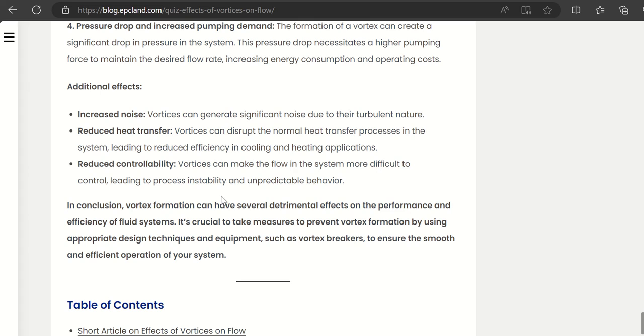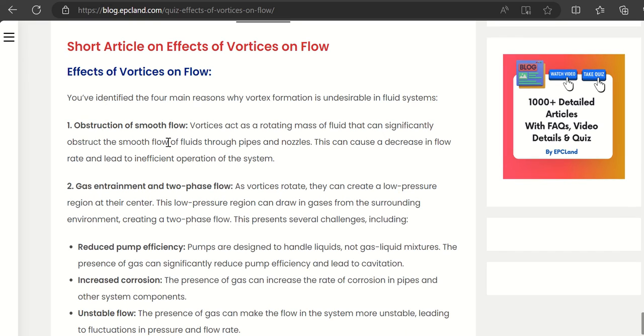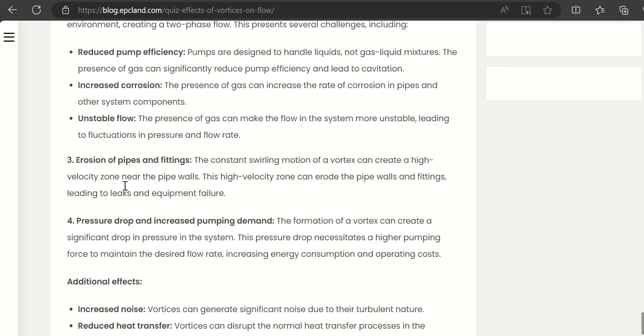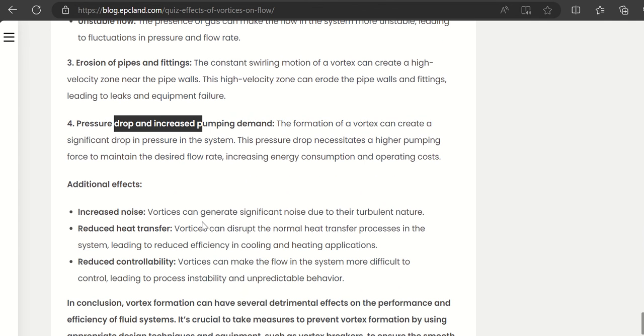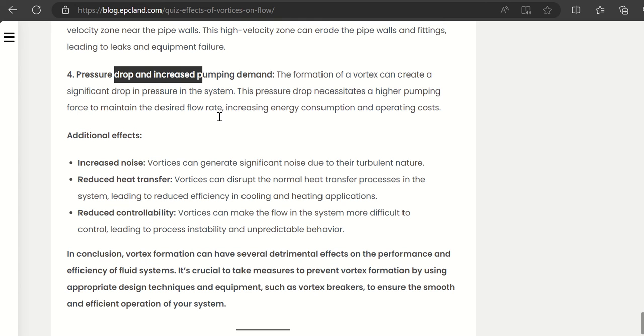There may be a few additional effects. These are the few things which we discussed: obstruction, entrapment, erosion, pressure drop. These are the visible things, but there can be a few things which may happen along with these four: increased noise, reduced heat transfer, reduced controllability.